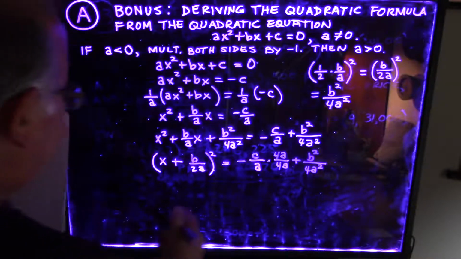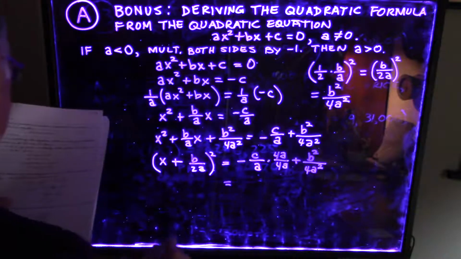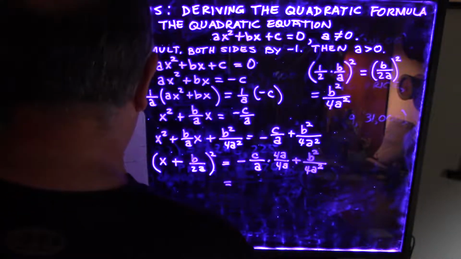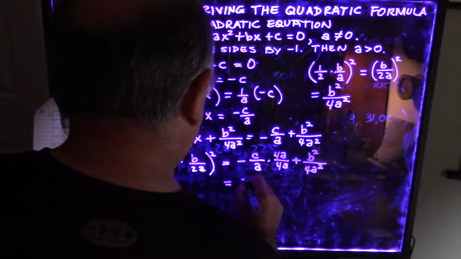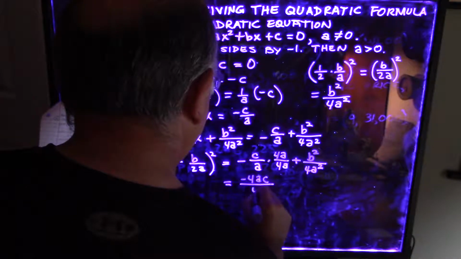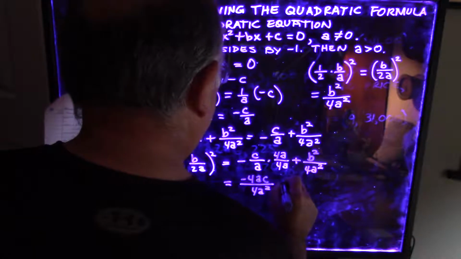Okay, so focusing on the right side, we're essentially done on the left. Not quite, but almost. Multiply these two, you're going to get negative 4ac over 4a squared plus b squared over 4a squared.